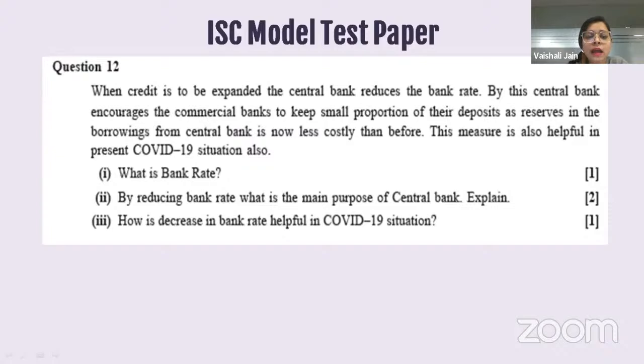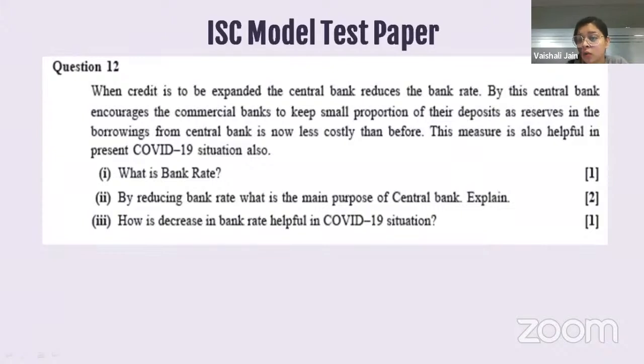By this, the central bank encourages the commercial banks to keep a small proportion of deposits as reserves, as borrowings from the central bank are now less costly than before. This measure is also helpful in the present COVID-19 situation. So the child has to explain what is bank rate, the rate of lending in the long term. By reducing bank rate, what is the main purpose of the central bank? To increase the money supply.